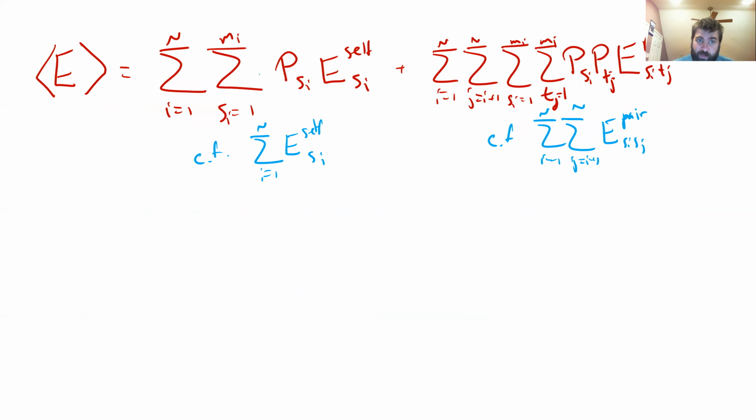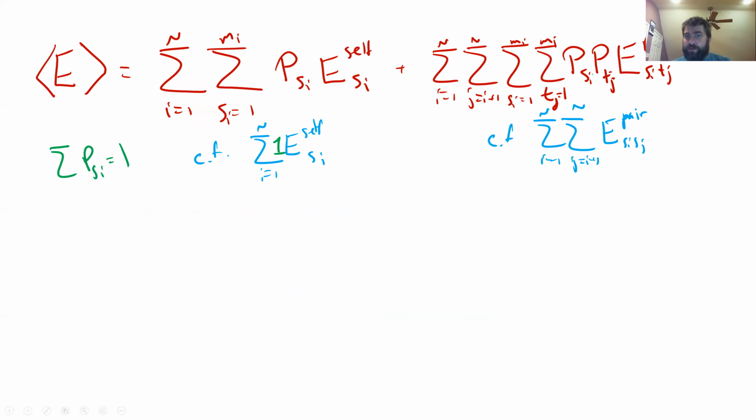And so when we think about this, when we remember that the sum of the P's has to equal 1, well, yes, we're taking a sum over self energies instead of just taking a single self energy, but the total set of weights adds up to 1, just like it did here.